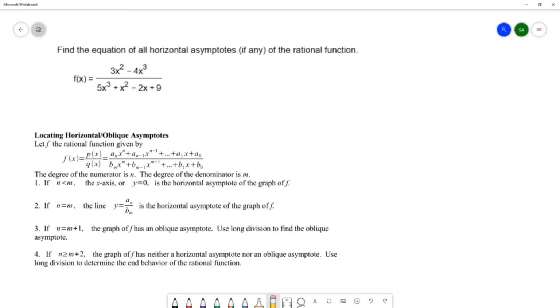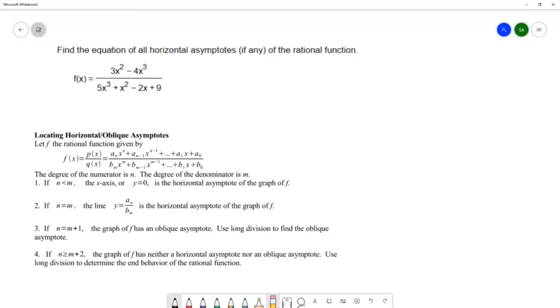And in order to find the horizontal asymptotes, we need to know the degree of the numerator and the degree of the denominator. We're going to compare those degrees to figure out which case this rational function fits into. And then once we decide the case, we'll be able to determine the horizontal asymptote from there.